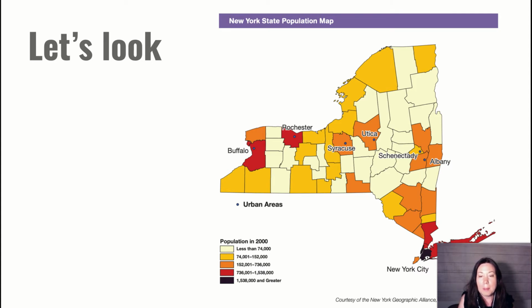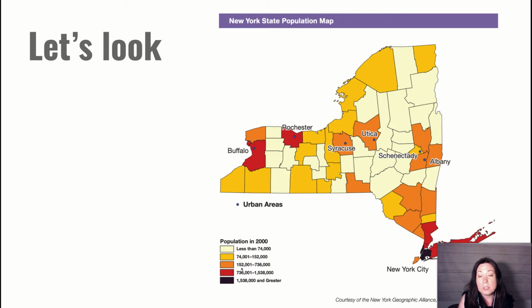So here's our map, and what I notice is at the bottom there are little rectangles with squares that show us different colors. And on the top, it says population in 2000. I'm thinking that's the year 2000. Then the light yellow says less than 74,000. The yellow says 74,000 to 152,000.